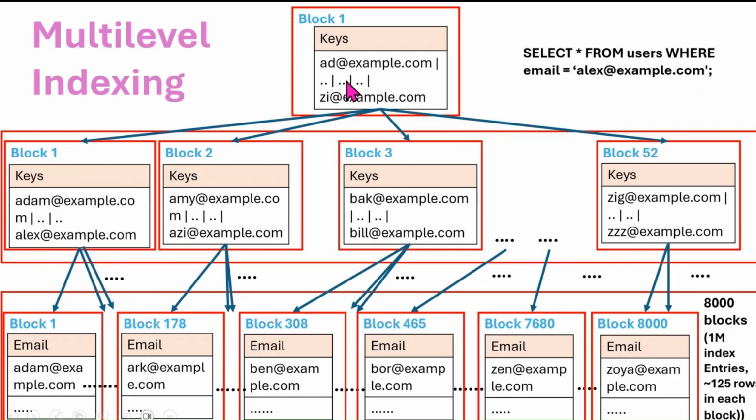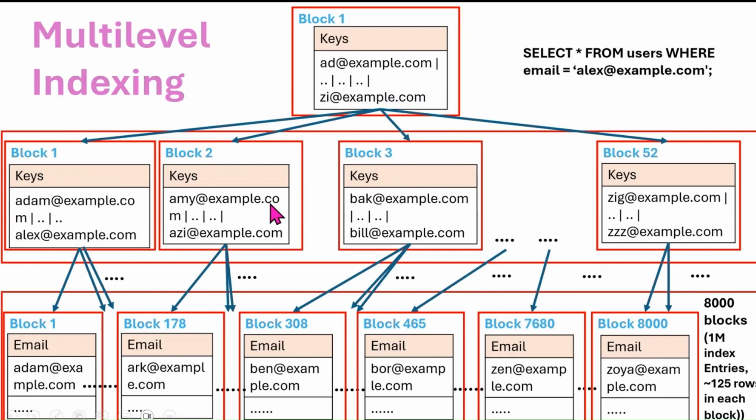Now, if we observe one thing, if we consider this block as a node, then we can see that it looks like a tree structure. To maintain the indexing efficiently, whenever new keys or values are added to the database or removed from the database, this tree-like structure helps to keep the indexing balanced and efficient.